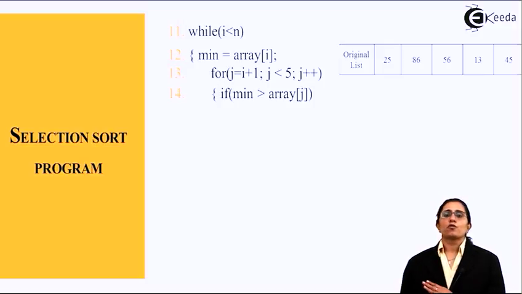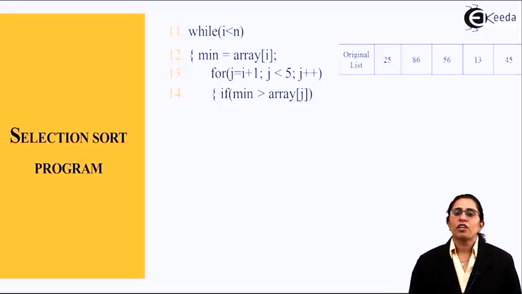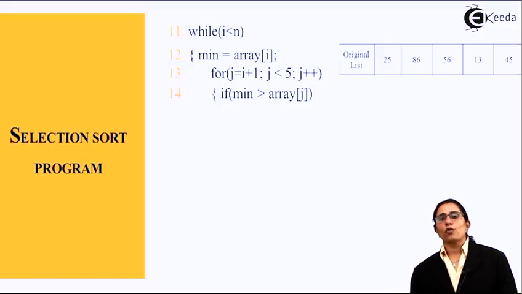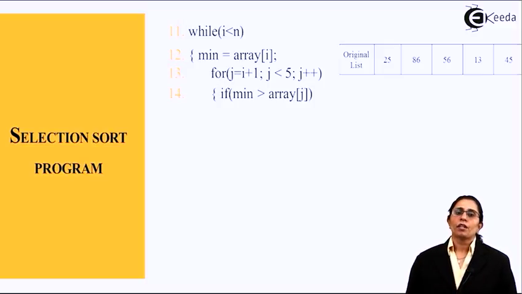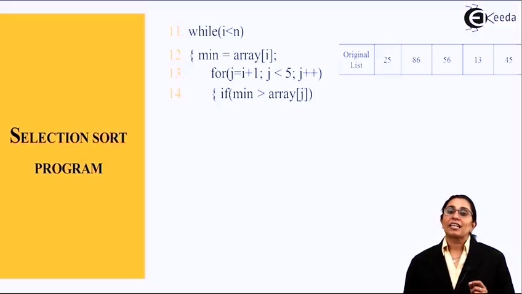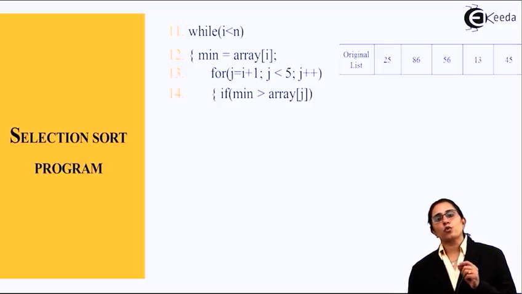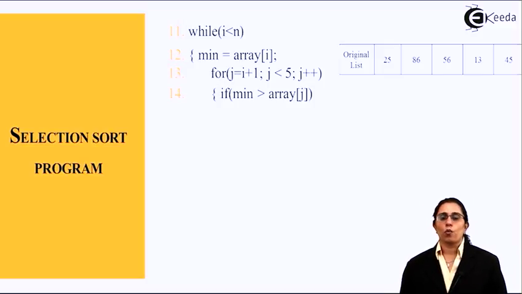That is, there is no exchange of values. Now as we increment the value of j, we reach a location array of j where the value stored is 13. 25 is greater than 13. So here I need to swap or exchange the two values.